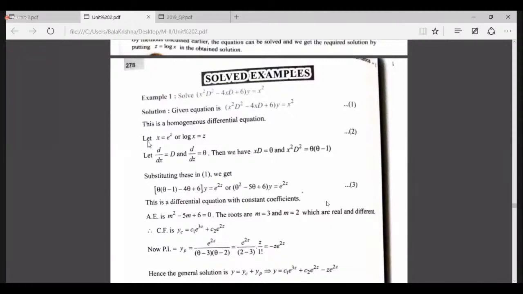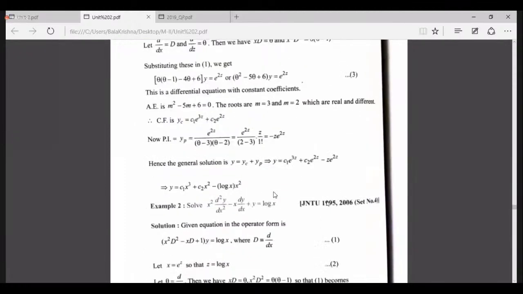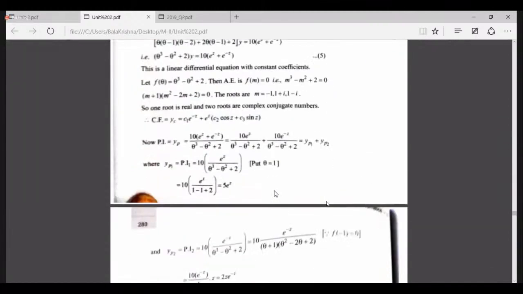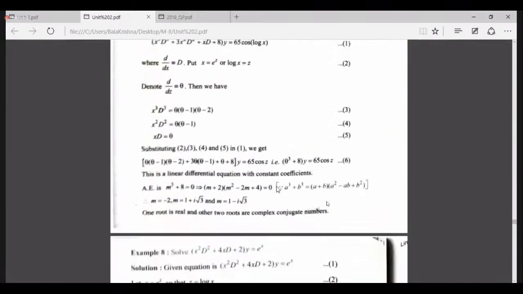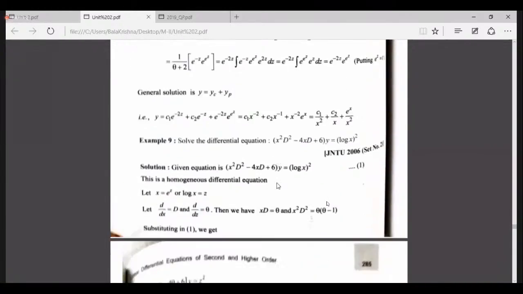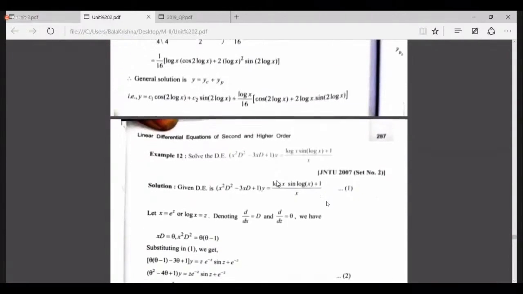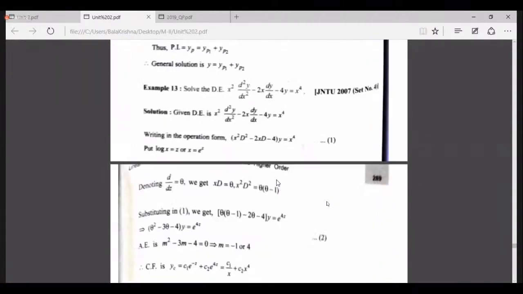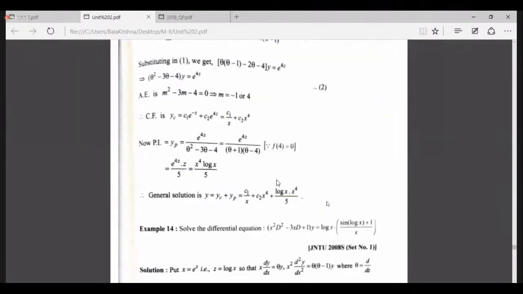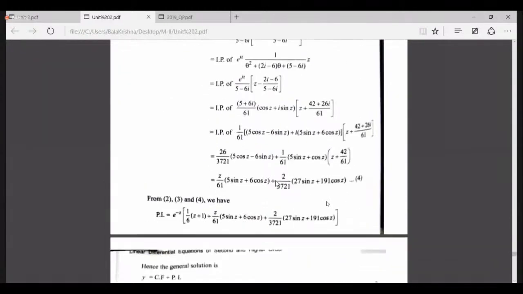So just practice more on these problems. In the second unit, try to concentrate more on Legendre's, Cauchy-Euler and method of variation of parameters problems.